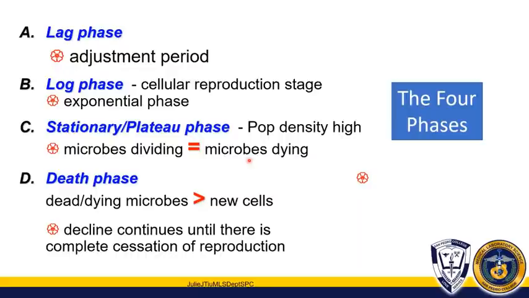And during this stationary phase, if viable cells are being counted, it cannot be determined whether some cells are dying and an equal number of cells are dividing, or the population of cells has simply stopped growing and dividing.